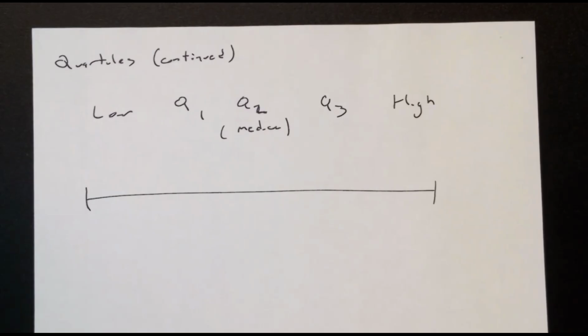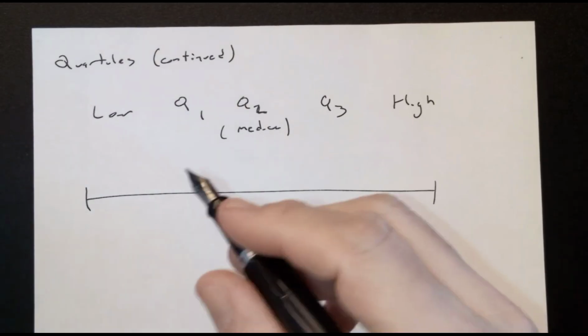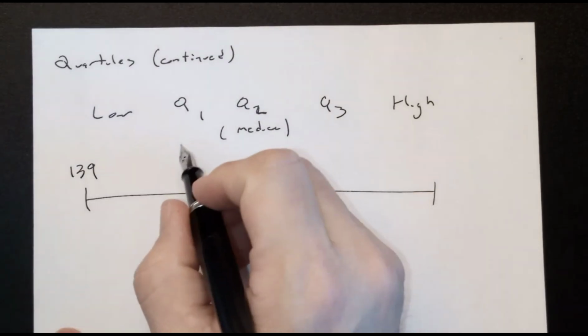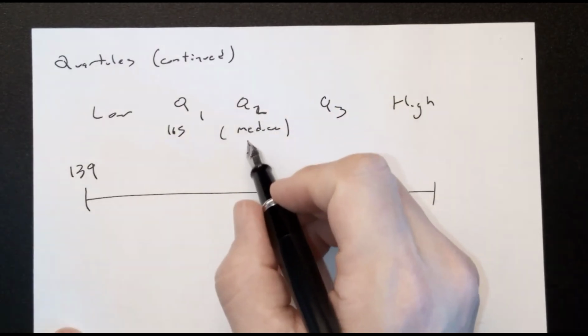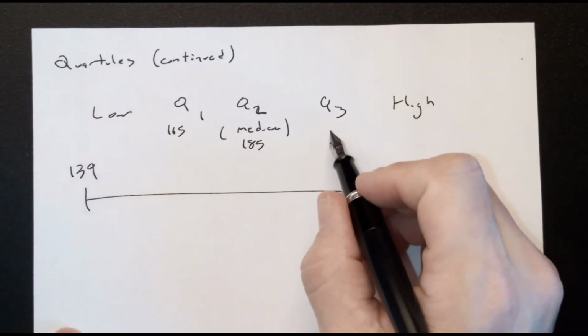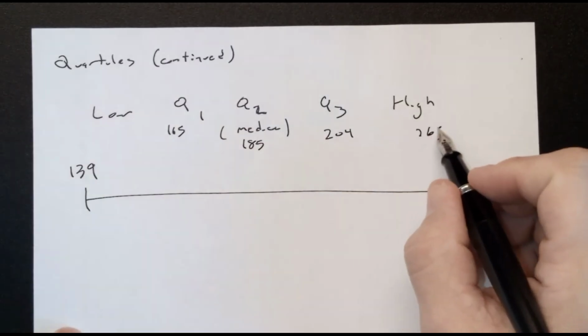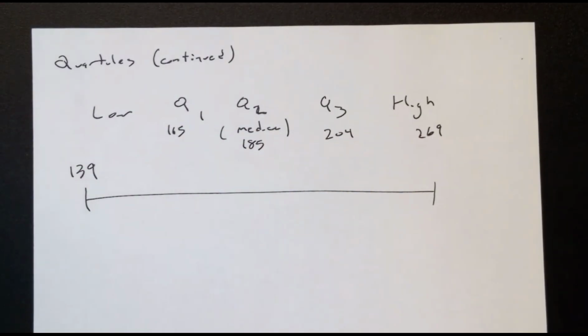Minimum of all of this is 139, and the maximum is 265. So on my data, I need all of these numbers, so I'm going to write them down. 139, 165, 185, 204, 269. Oh, 265. I can copy correctly.